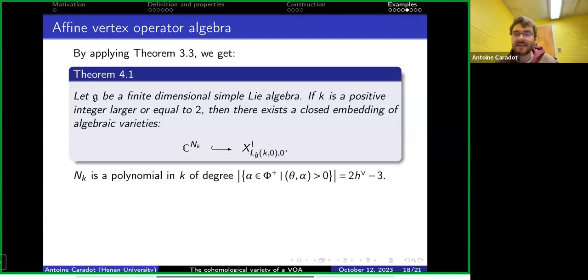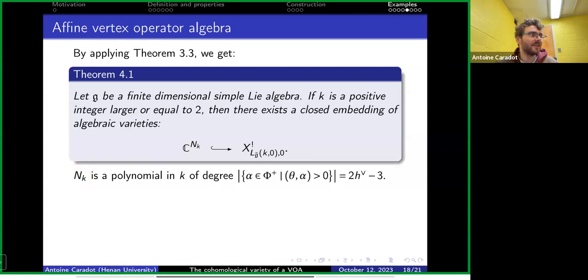So nk, as I mentioned in the previous formula, is going to be a polynomial in k, and the degree is going to be the number of positive roots such that this product is positive. And it was pointed out to us that this is exactly this number: twice the dual Coxeter number minus 3. So this can grow very, very fast.